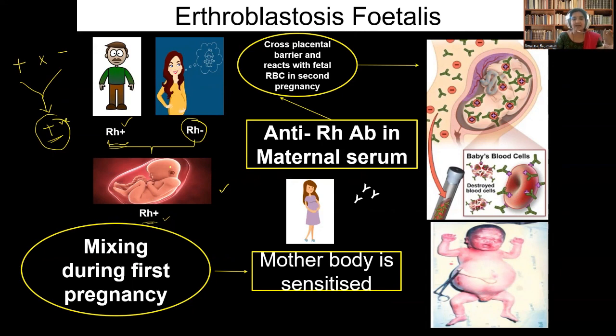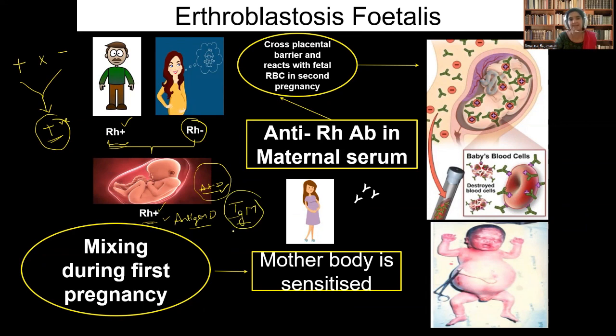So this baby is Rh positive, meaning it is having what? Antigen D in it. So when the antigen D is present in the baby, in response to that, the mother produces anti-D. But these immunoglobulins which are produced are of IgM type.